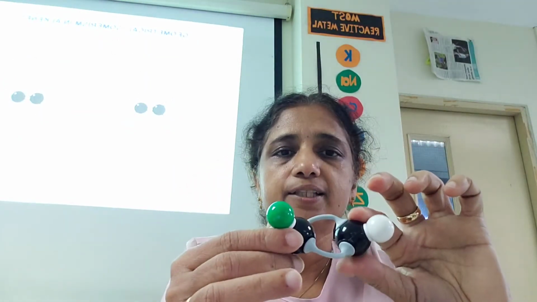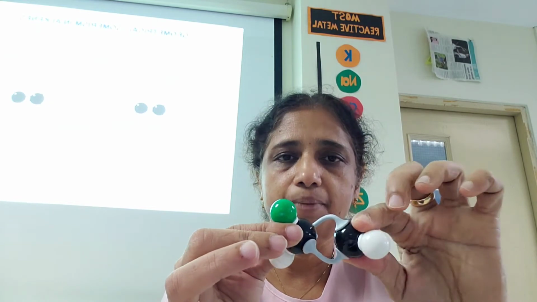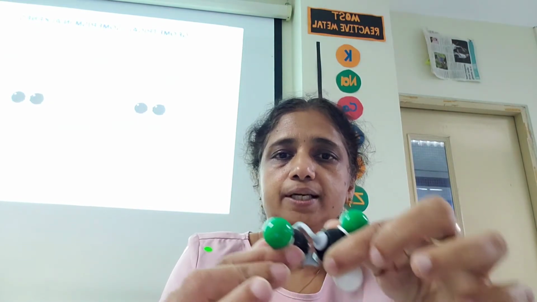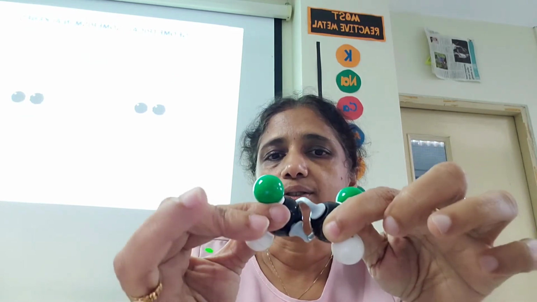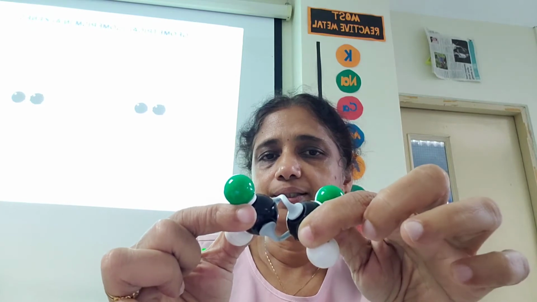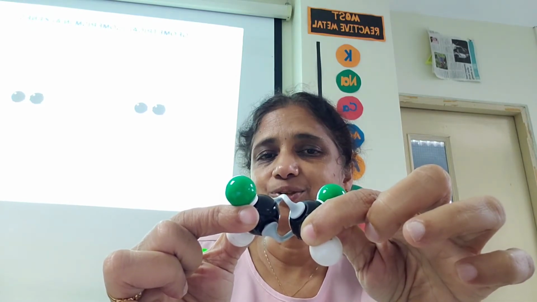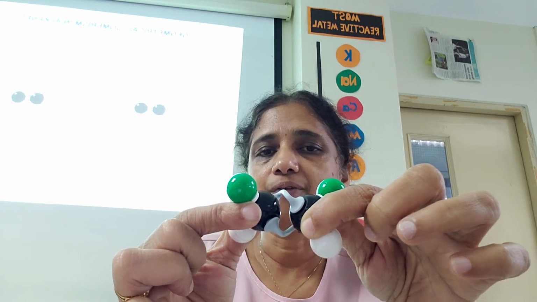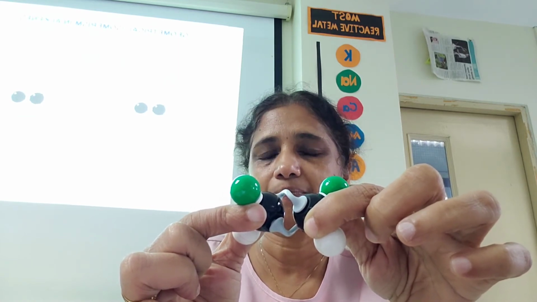So you can see that when you rotate it partially, the two chlorine are on the same side and the two hydrogen are on the same side. When this happens, we call this a Cis isomer or also Z isomer, after the German word Zusammen.